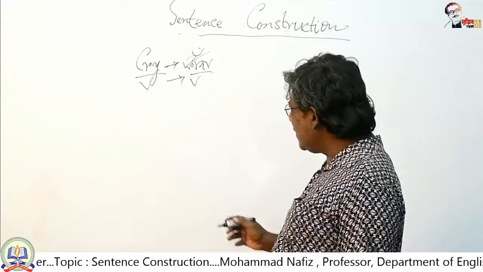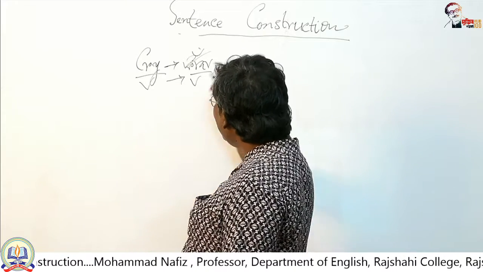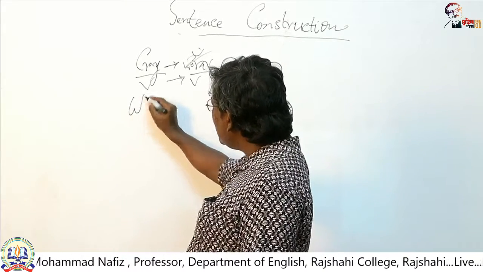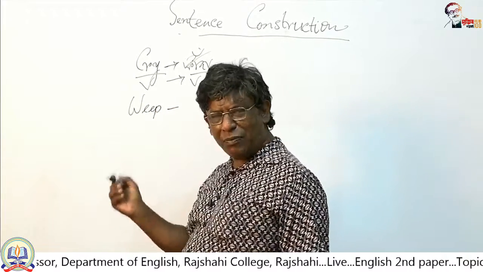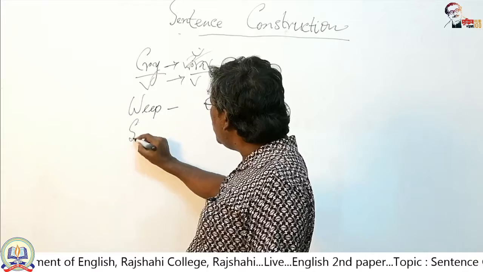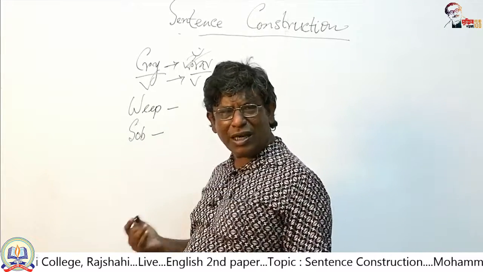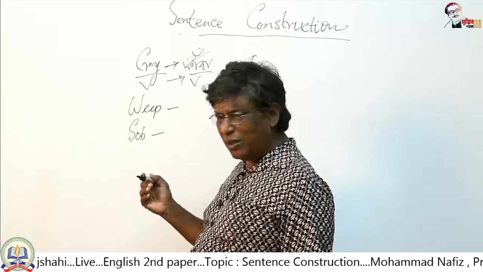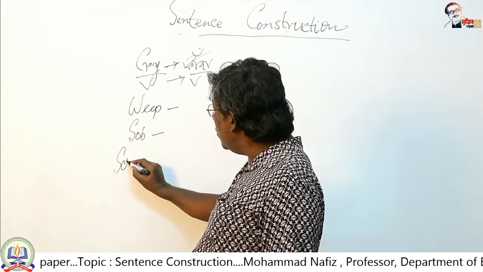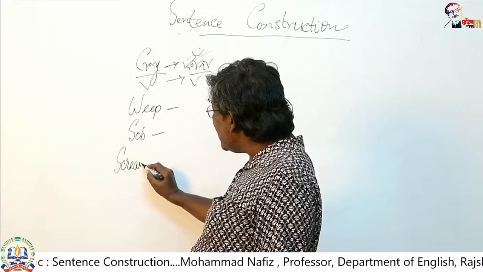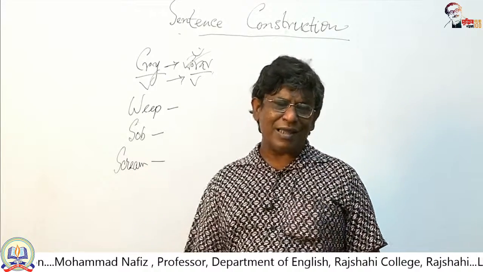Well, what I was telling, when we say cry, it gives a meaning. Similarly, weep is another type of cry. Sob is another type of that cry which we mean in Bangla, and scream is another different type of cry.